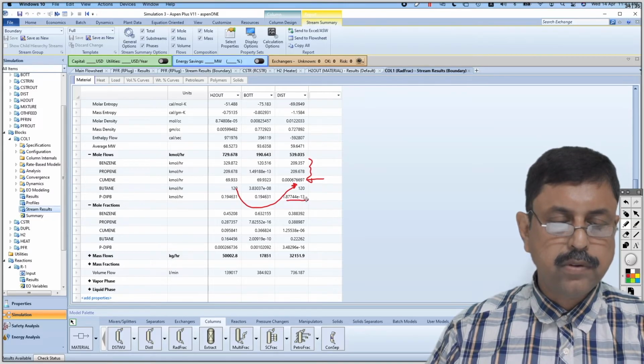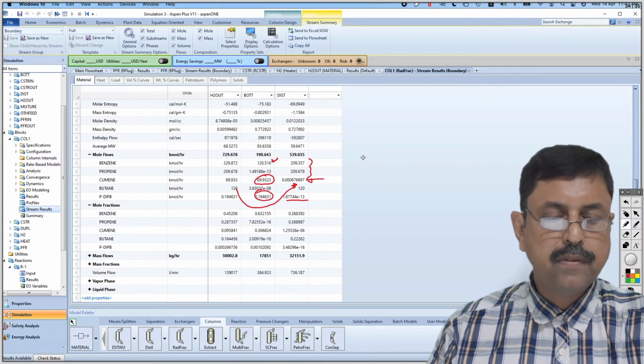And almost no DIPB is there in the distillate. Whereas in the bottom line, we have entire cumene, entire DIPB, and considerable amount of benzene.